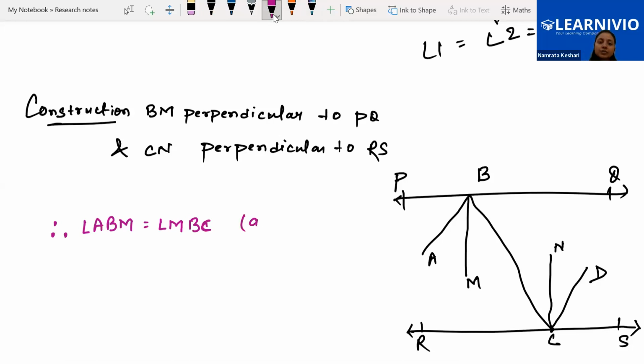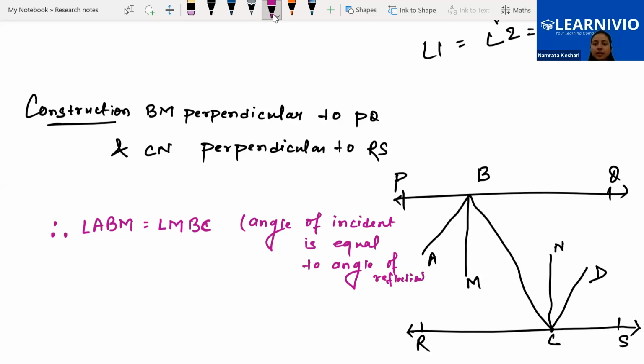Okay, angle of incidence, angle of reflection. Similarly, we will also say that angle BCN is equal to angle NCD. So far, is it clear to everyone?